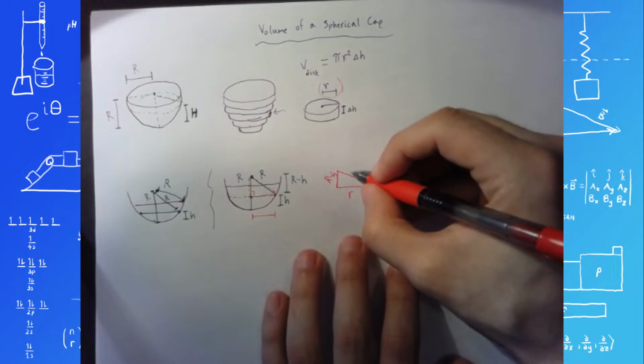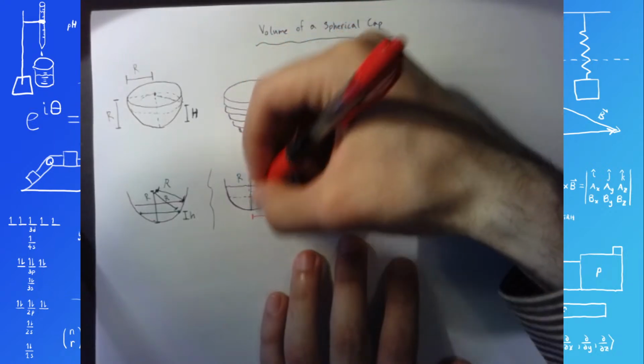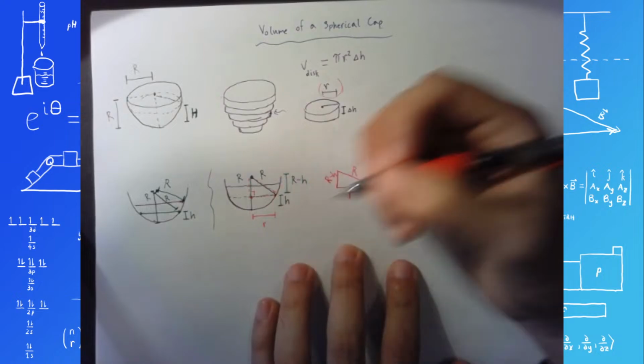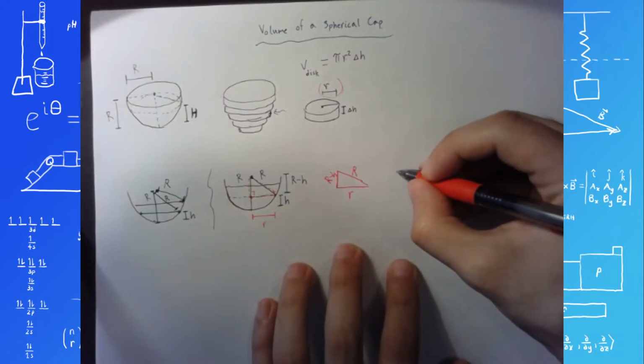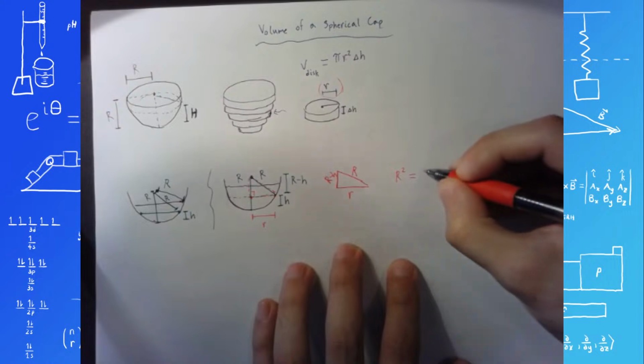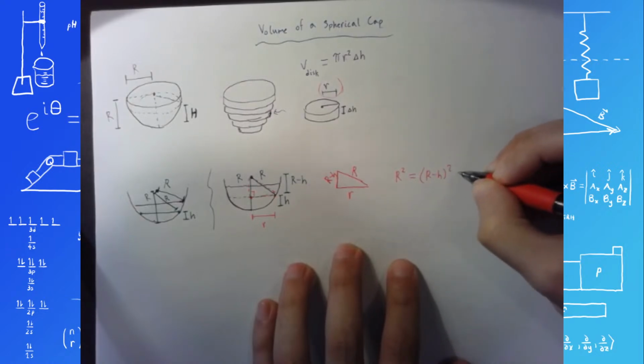So this is actually perfect. And then that's going to be big R, just copying over that triangle. And yeah, Pythagorean theorem: big R squared equals big R minus h squared plus little r squared.